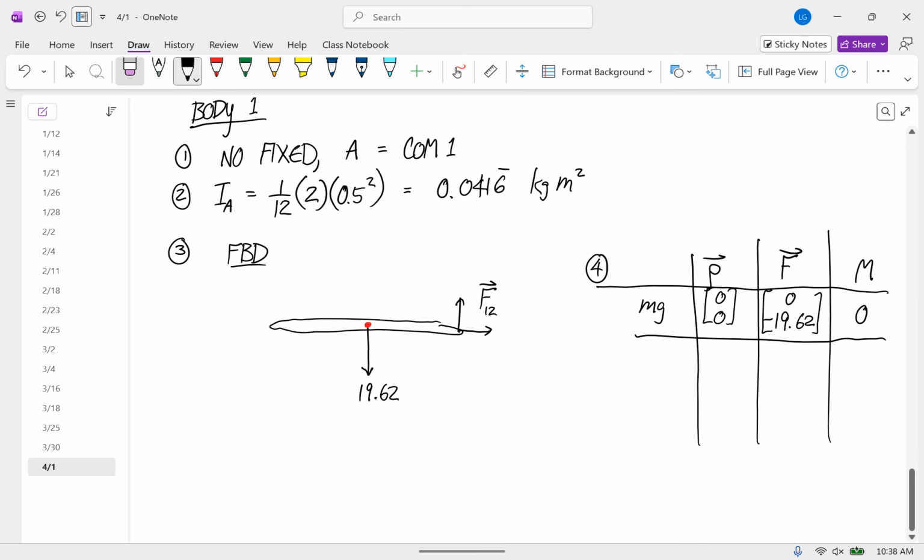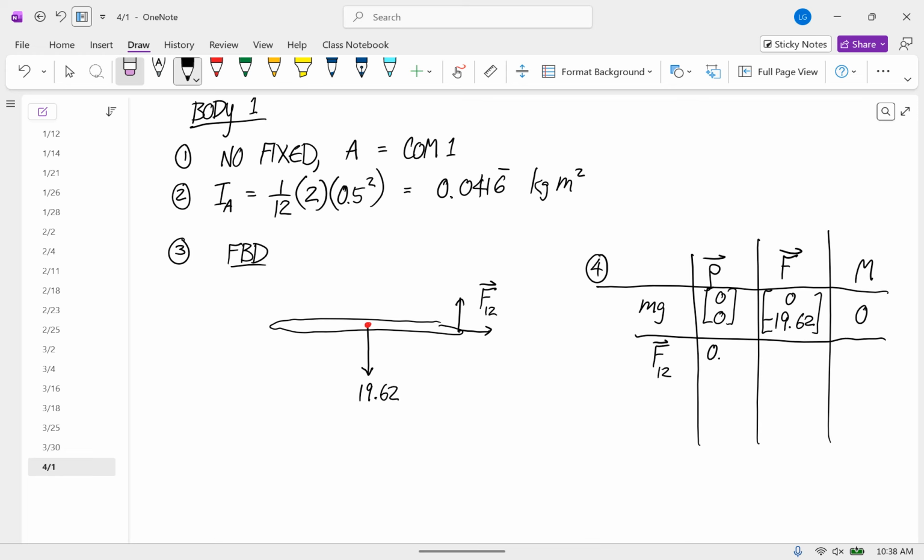And then the force on 1 by 2. What's the definition of the rho vector? The vector from the about point to the force. So from the about point to the force is half of the length.